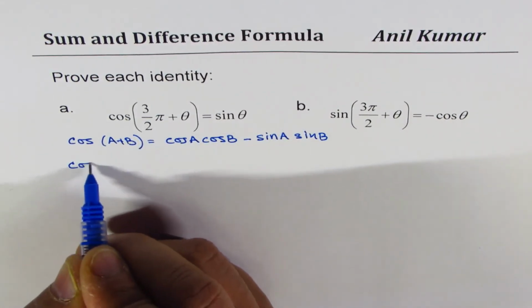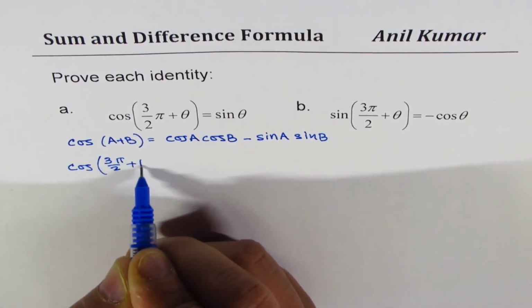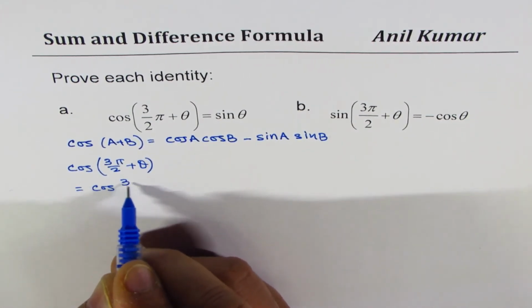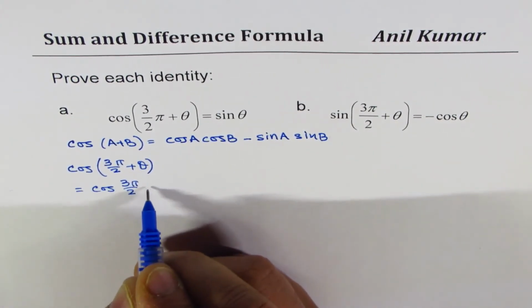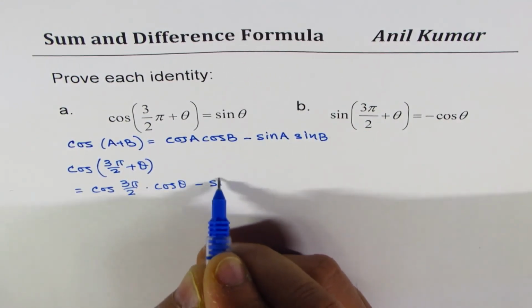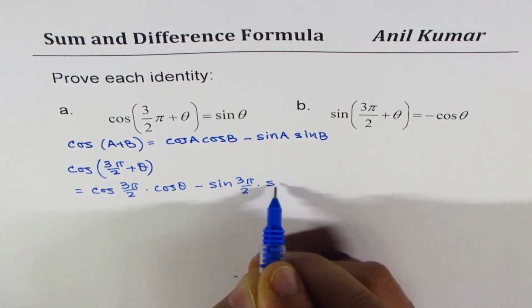So we could write cos 3 pi by 2 plus theta as equal to cos 3 pi by 2 times cos theta minus sine 3 pi by 2 sine theta, correct?